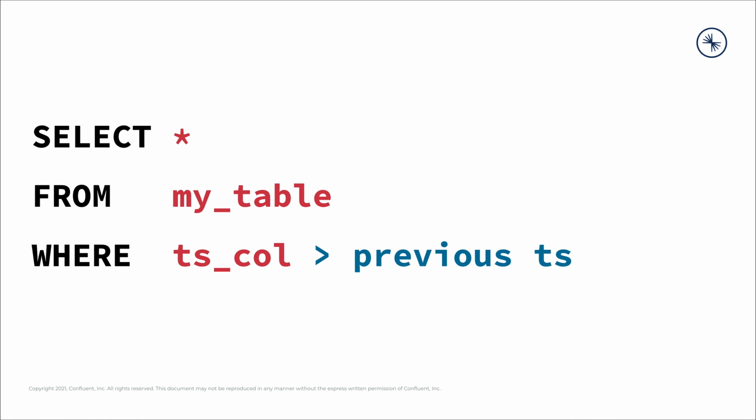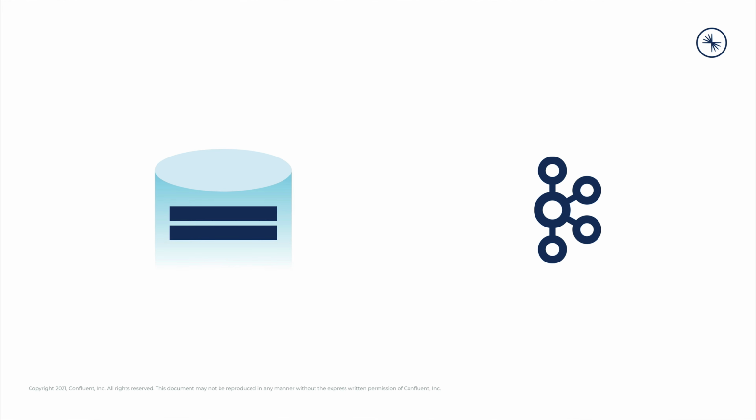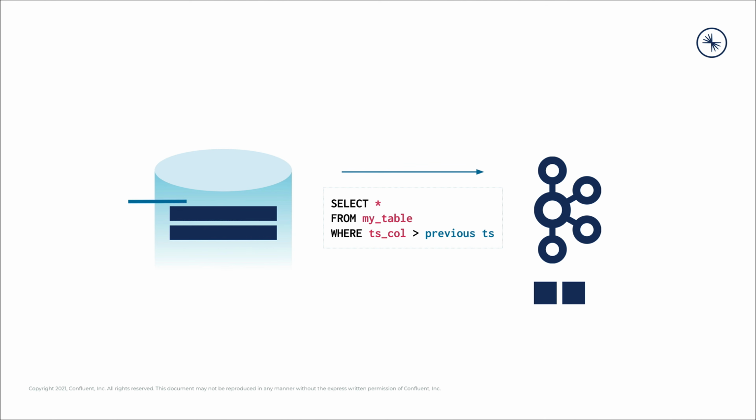I'm showing you a timestamp example here. So basically, here's how that works. There are these two records in the database right now, those two bars inside, and we want to get them to Kafka. If we run that query, we say, hey, give me everything that's greater than the previous timestamp, which, by the way, starts at 0. So yes, all of the timestamps are greater than that.